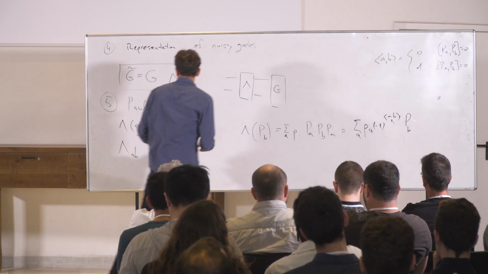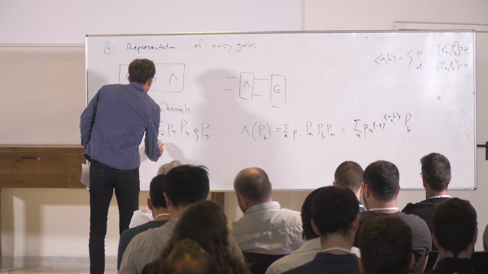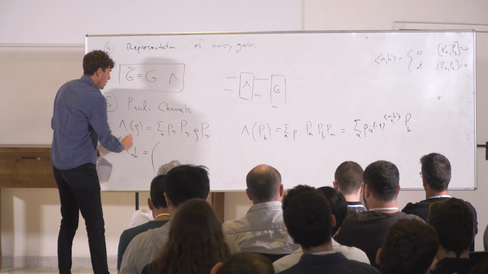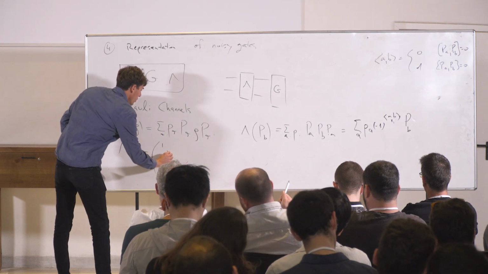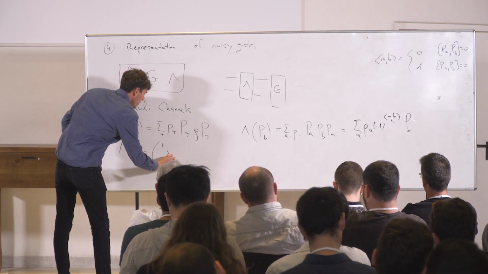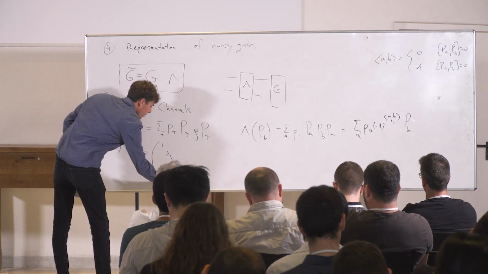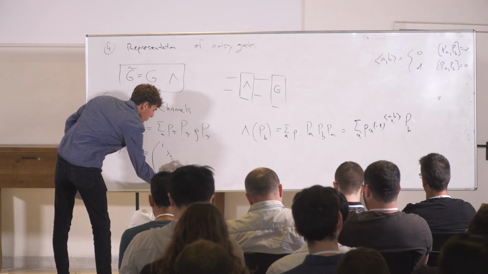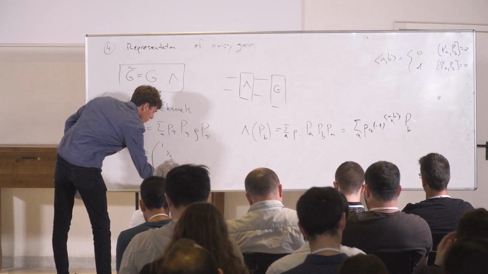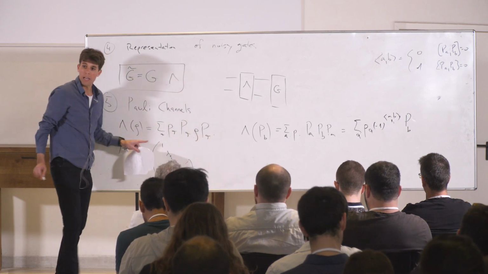So basically, the matrix representation of this channel is diagonal, and it's going to be lambda A, with A running over 4 to the n values. So it's a diagonal channel.